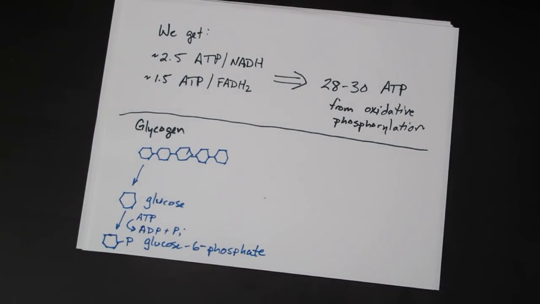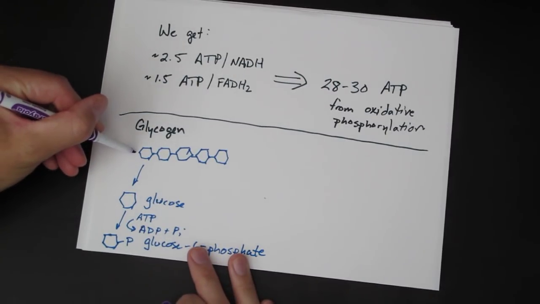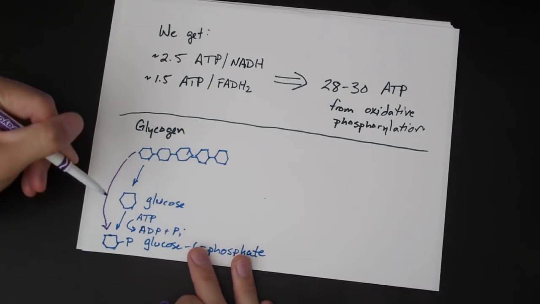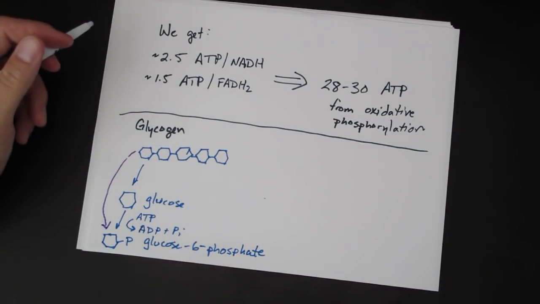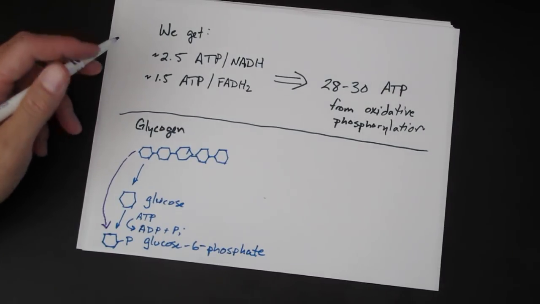So when we break down glycogen, there is another metabolic pathway that allows us to bypass that conversion to glucose. There's another pathway that allows us to go directly to glucose 6-phosphate and bypass glucose. That saves ATP. Okay?